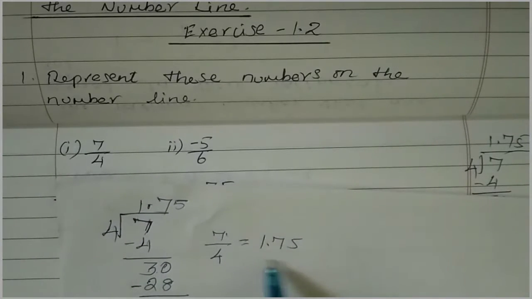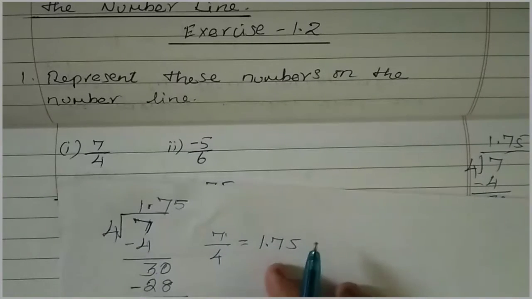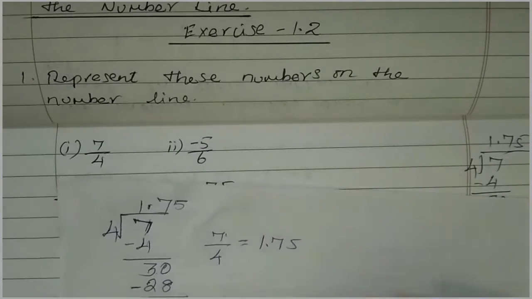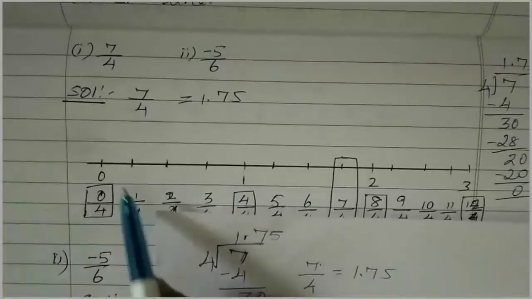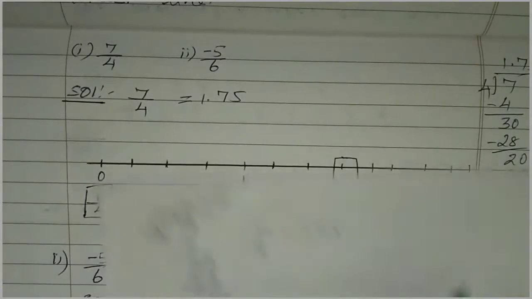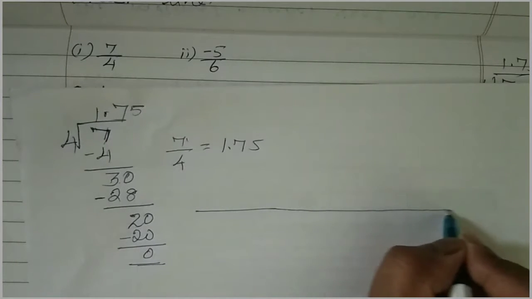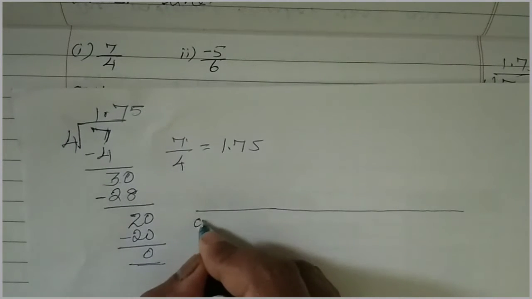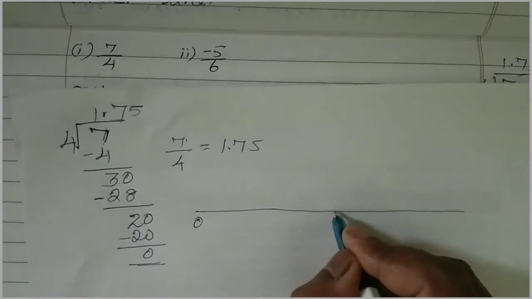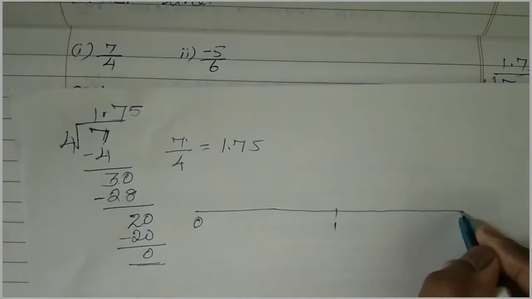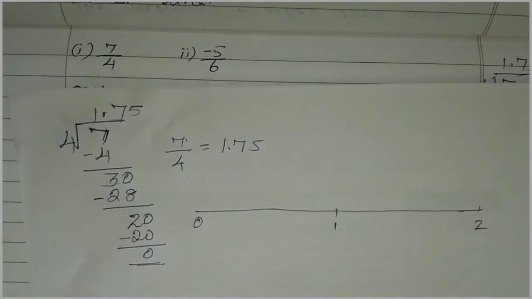Now we have to put this value on a number line. We can draw 1.75 easily. First draw a normal number line. Take 0 here, then 1, and then 2.